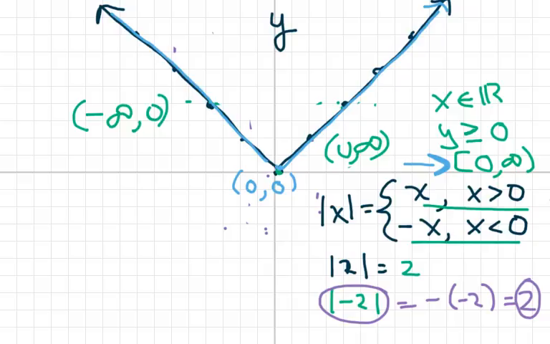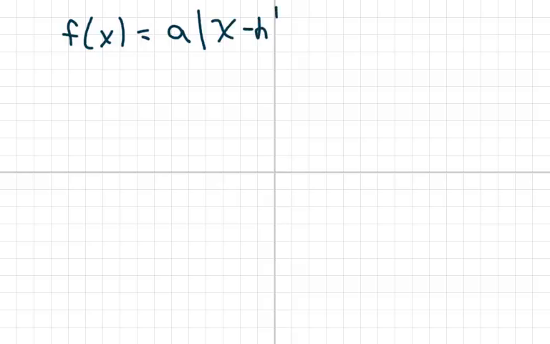Okay, so the next thing we're going to do is look at the vertex form of the absolute value, which is f of x equals a, which is your amplitude or your slope, absolute value of x minus h, plus k.